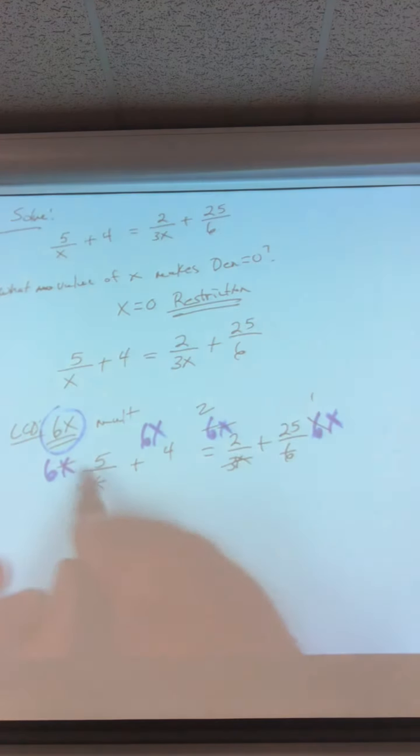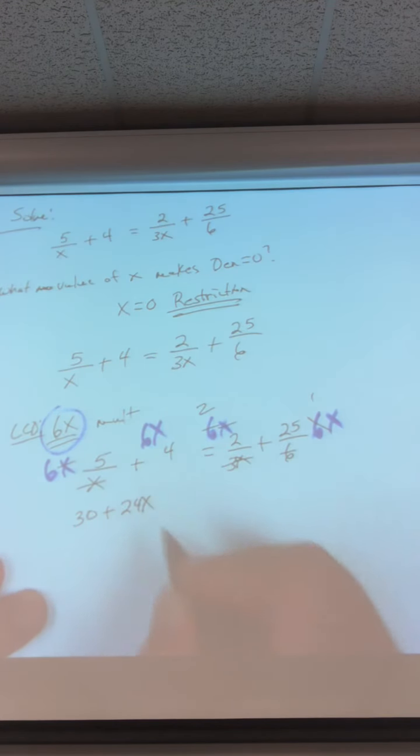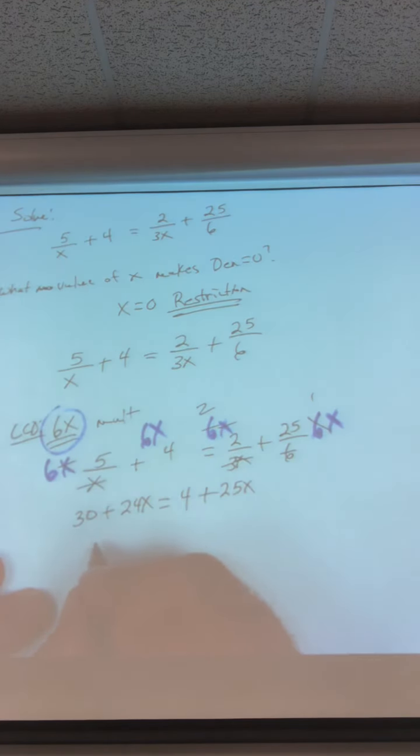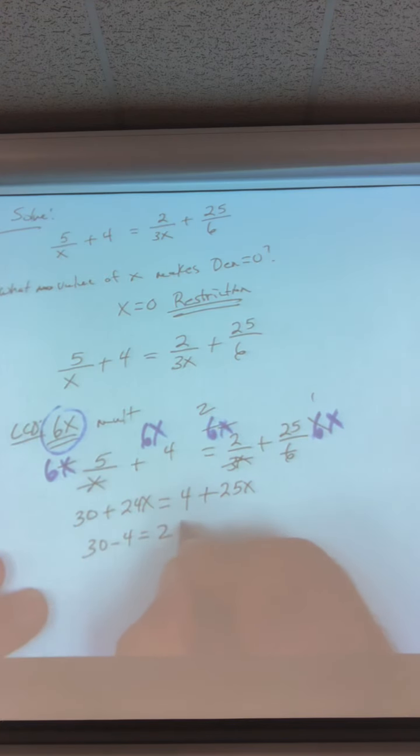Now multiply what's left. 6 times 5 is 30, plus 24x, equals 2 times 2, which is 4, plus 25 times 1 is 25x. Now, I'm going to get the numbers on the left side and the x's on the right.